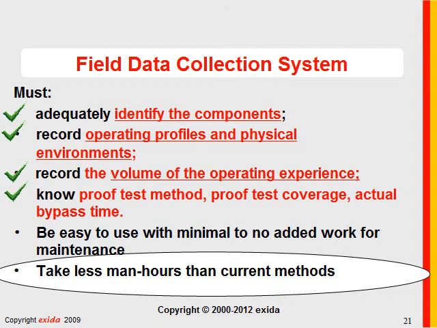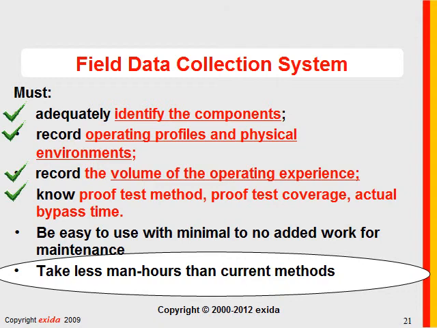Think about that. Some proof testing does not disable the safety function, but some does. So that's an important parameter that needs to be tracked in order to more accurately calculate PFD average.